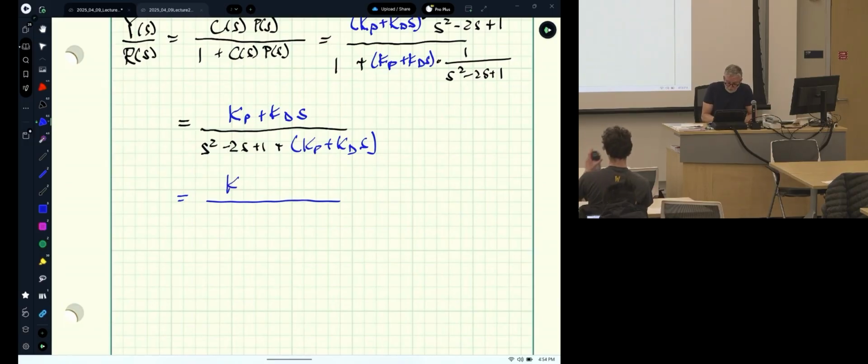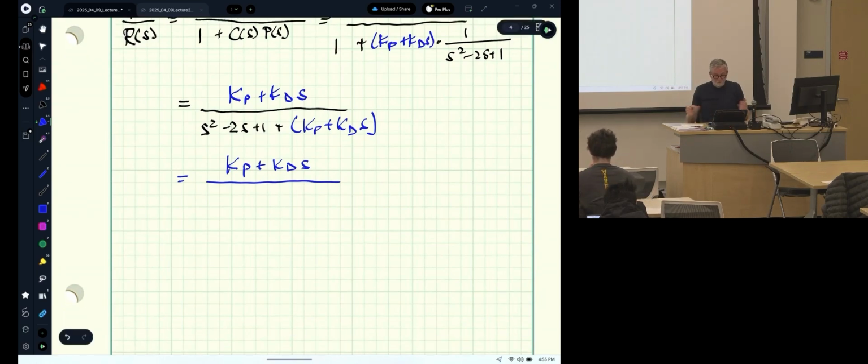Now all I'm going to do is combine the terms. Okay, so I've got an S in here I can combine here, and I've got a proportional term that I can combine there, and there's no S squared term in the PD compensator.